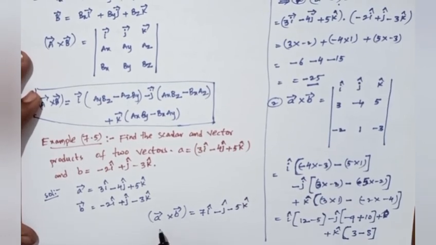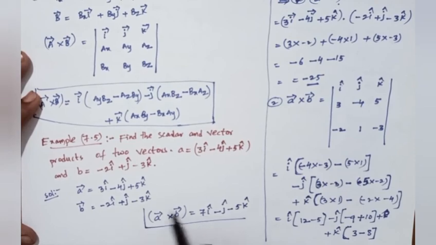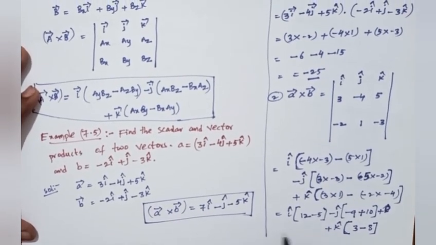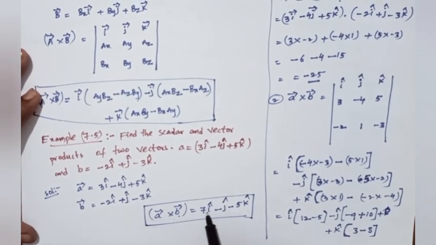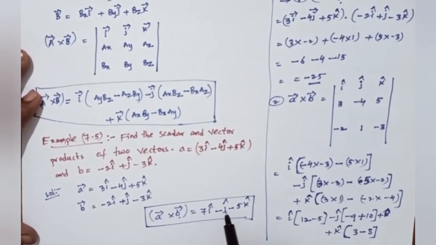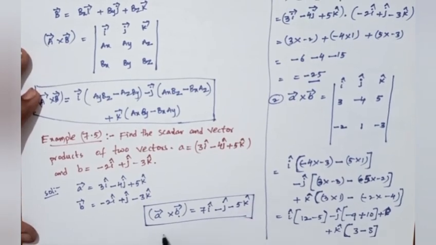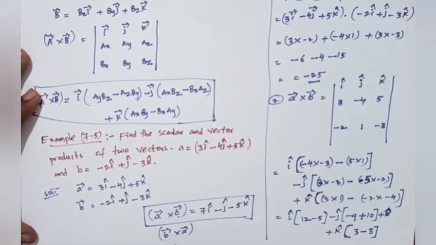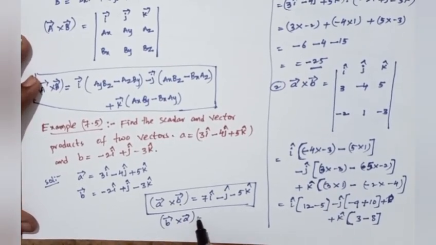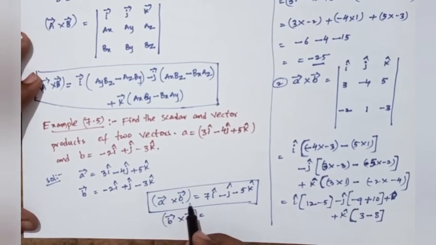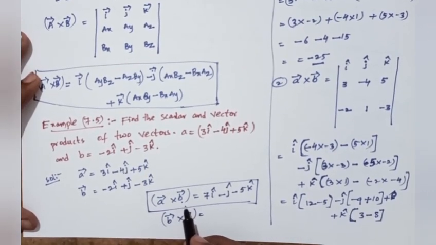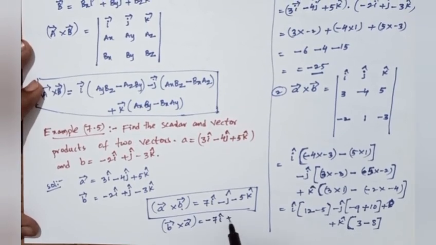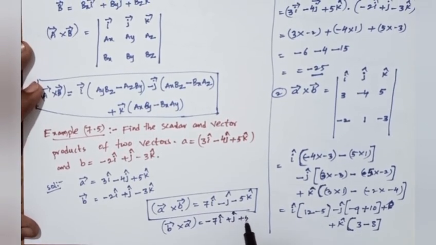So this is the cross product of two vectors. We can also derive that b bar cross a bar equals minus of a bar cross b bar. It doesn't obey the commutative law, so it is minus 7 i cap plus j cap plus 5 k cap.